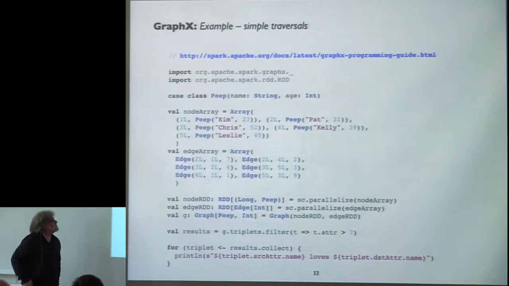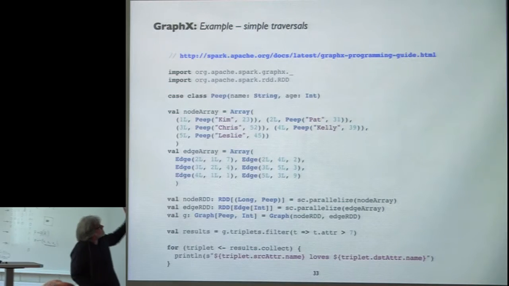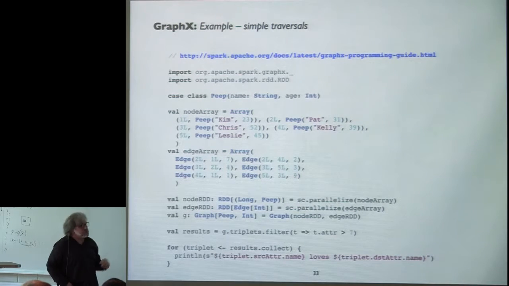So in terms of GraphX, the idea is pretty straightforward. In Scala, I define a case class to describe the kind of data that I'll have on a node in the graph. Say I've got a graph of people, and I know their ages, and I know some sort of connection between them.